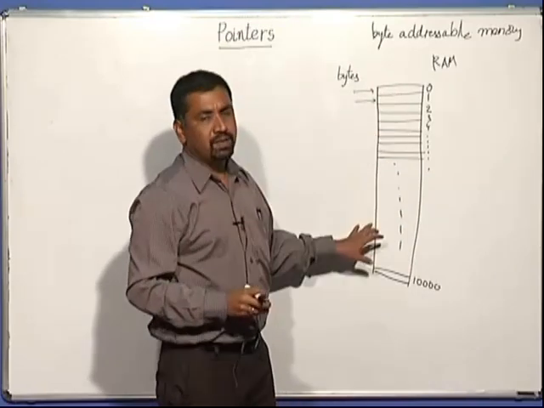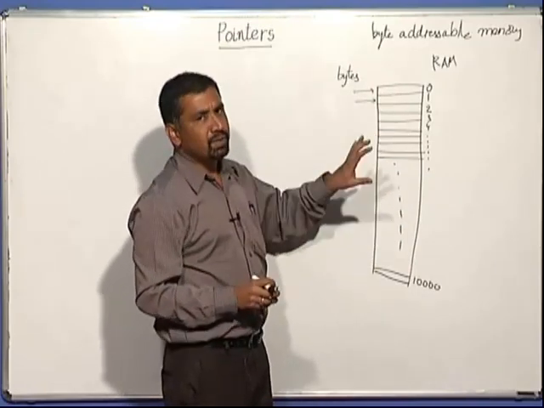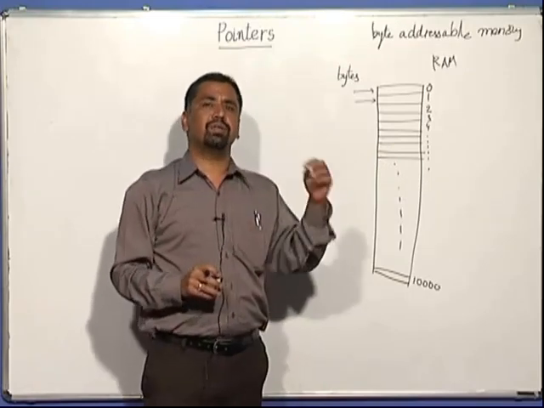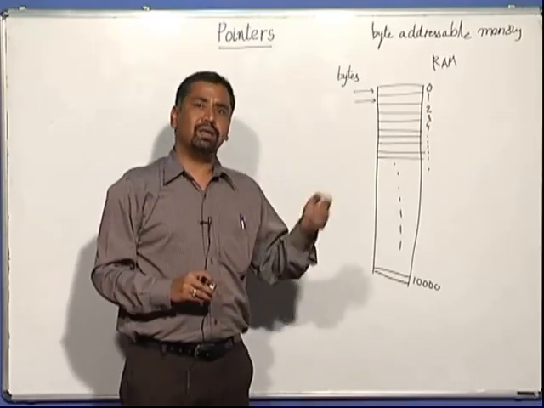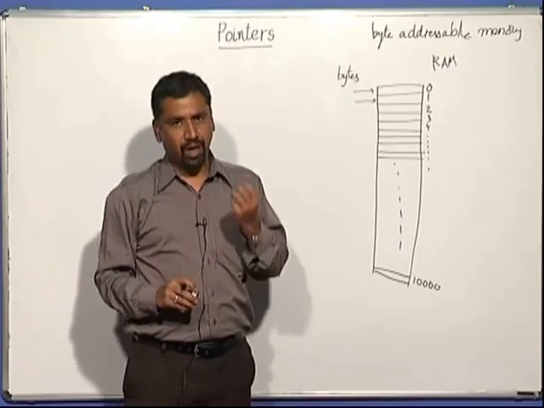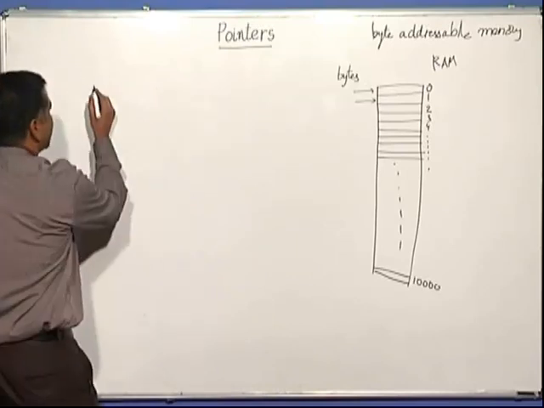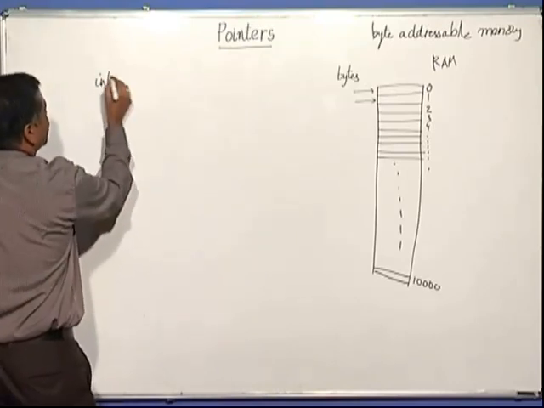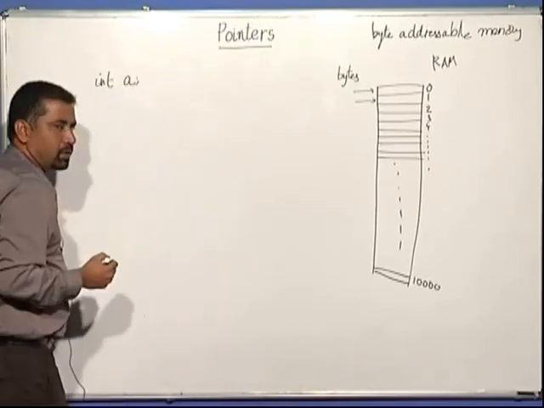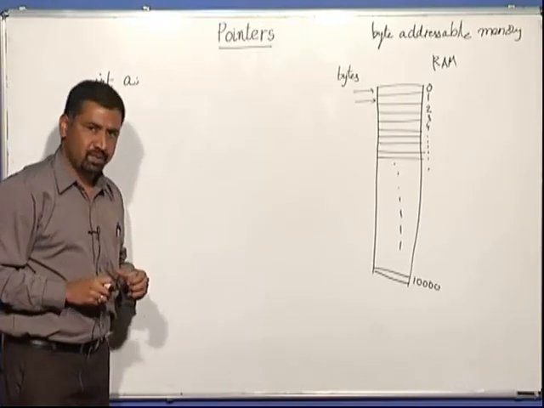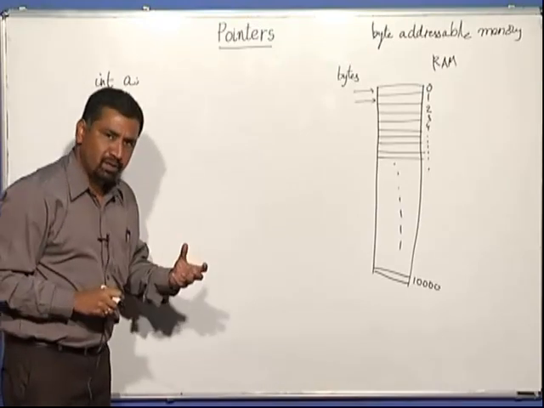So all bytes have addresses which are simply numbers. So you can say 9th byte or 10th byte or 2000th byte or 99,000th byte. So this is how you address the bytes. Now, as all of us know, when we declare a variable in our programs, each data type variable occupies certain space depending on the system.